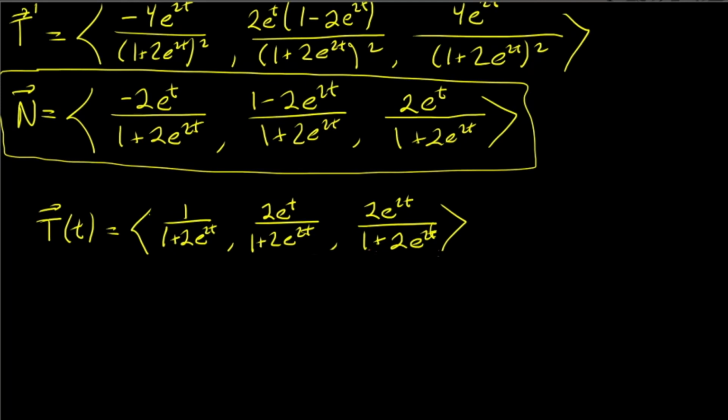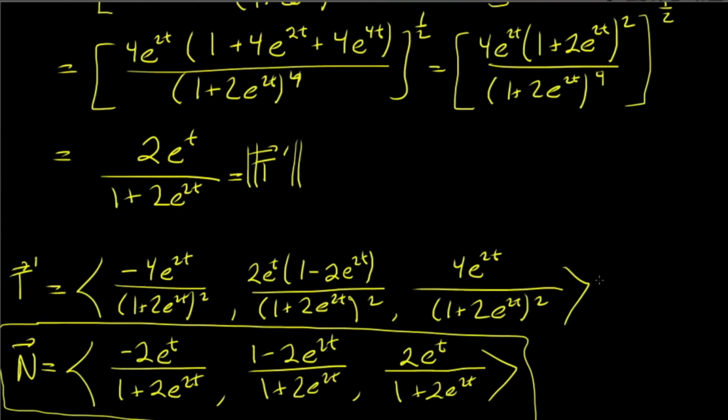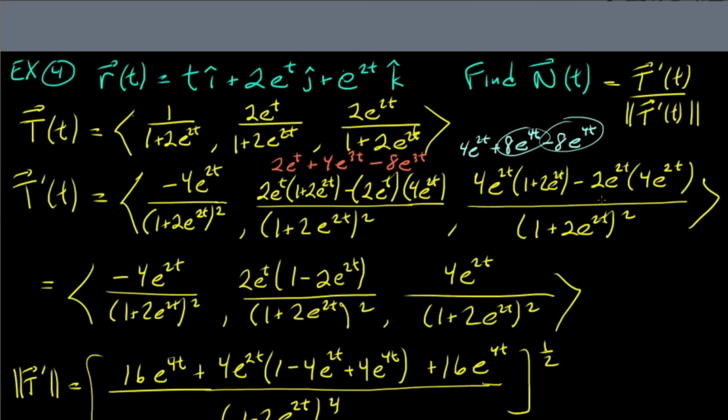Unlike in the previous example, there's no good relationship between the T and N here that I can see. In other words, there's no shortcut. That would have been nice, but the only way that I'm aware of is directly this way. Oh, there are formulas, of course.